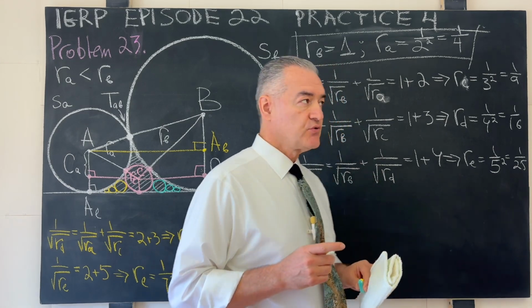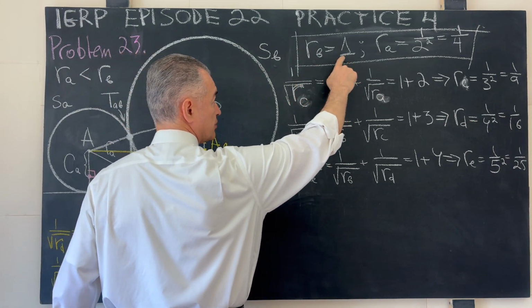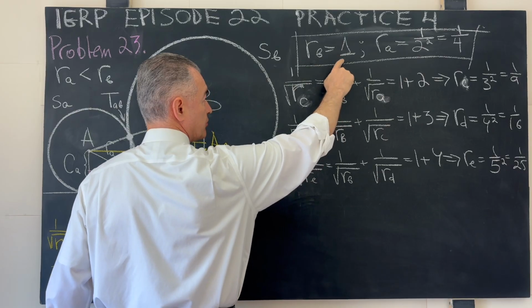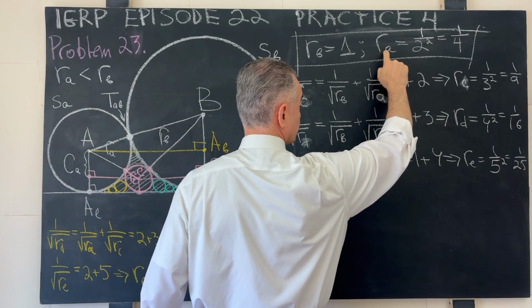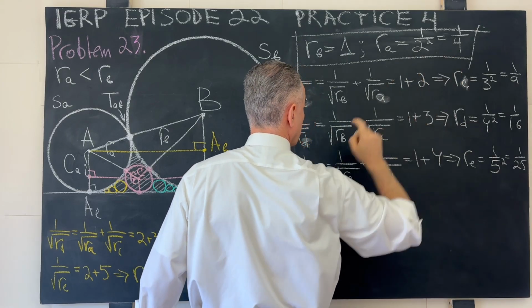That is, if we carefully set the value of the radius of the largest circle to the positive unity, the length of the radius RB is equal to 1. The length of the radius of the smallest circle RA is 1 over 2 squared, or 1/4.